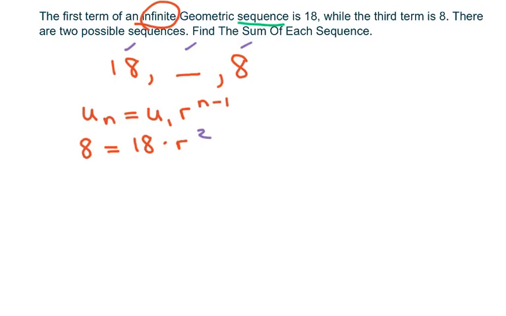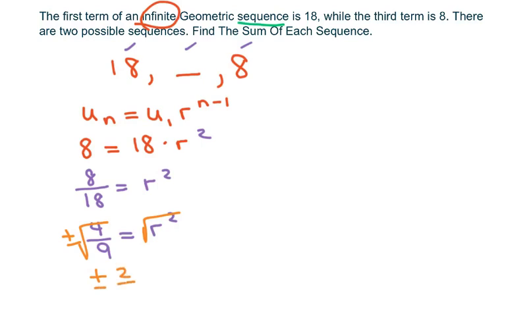Therefore, you divide both sides by 18 and you get r squared. If you reduce this, it is 4 over 9, and that equals r squared. Therefore, when you take the square root of both sides, you get plus or minus 2/3. So when you multiply 18 by 2/3, you get 12 here. When you multiply it by negative 2/3, you get negative 12.